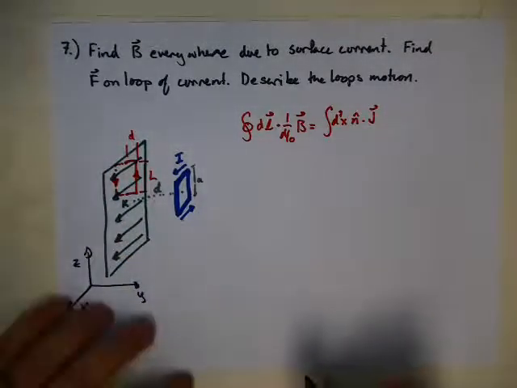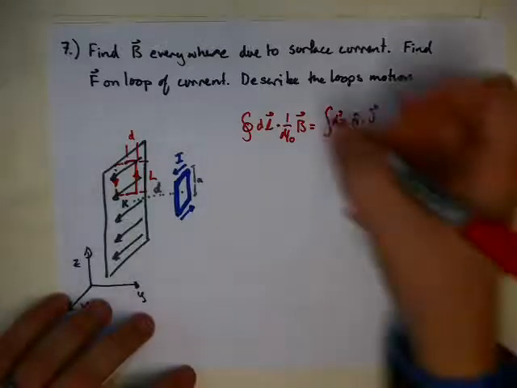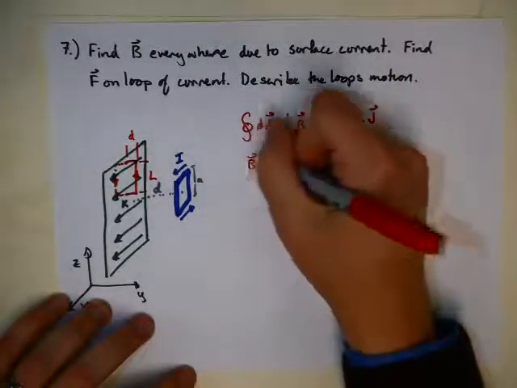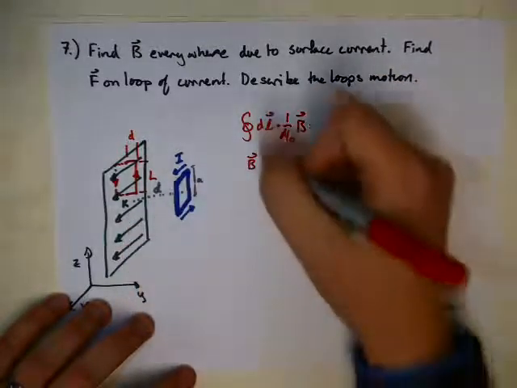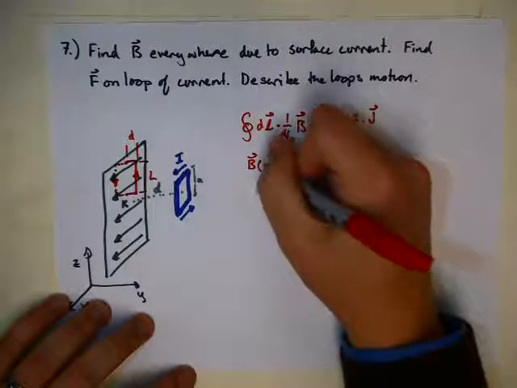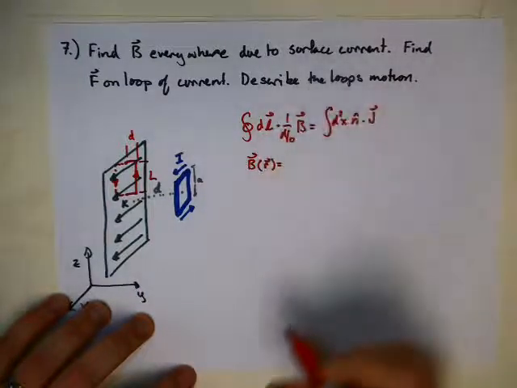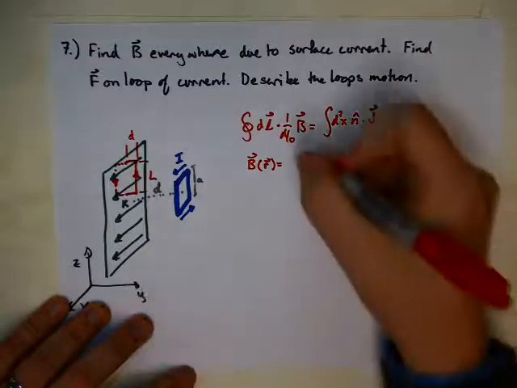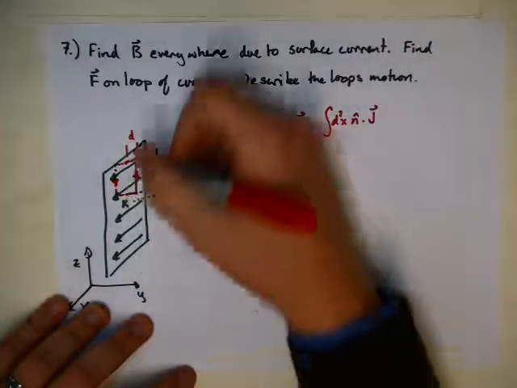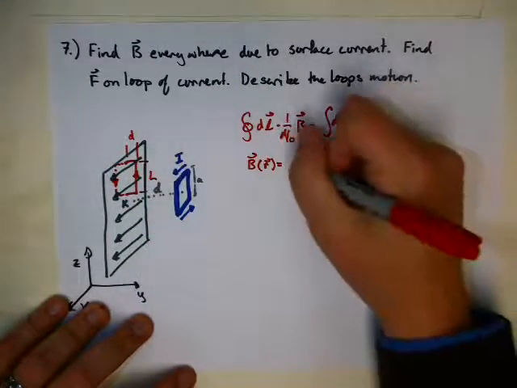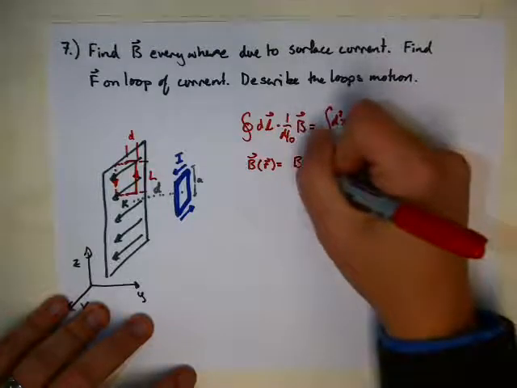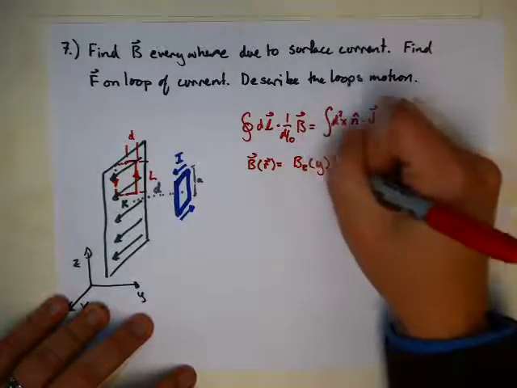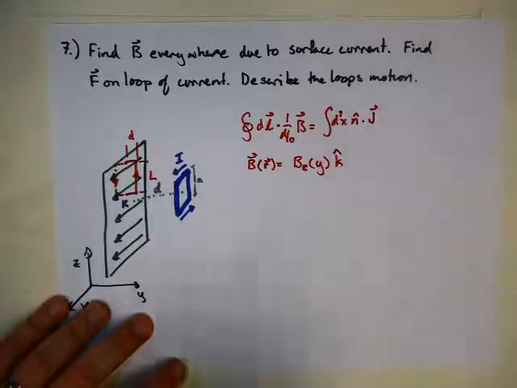Now, for reasons of symmetry, I can argue that the magnetic field due to this current as a function of position is only going to depend upon the y coordinate, and it's only going to point in the z direction. So this is going to be Bz, which will only be a function of y, k hat.